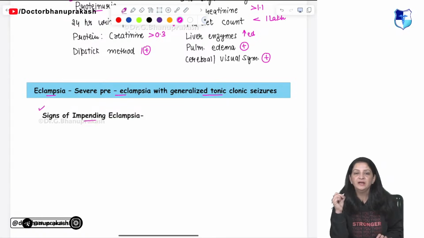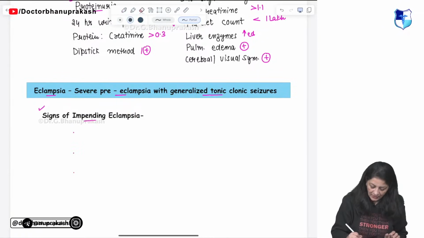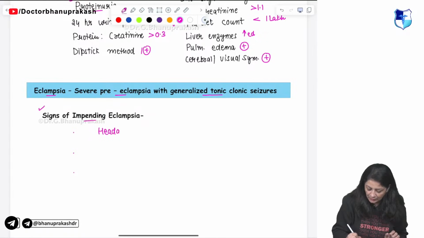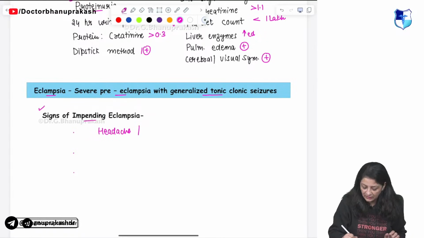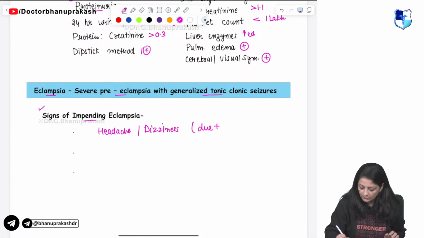Signs of impending eclampsia. So what are the signs of impending eclampsia? Headache. Patient will complain of headache, dizziness, headache due to cerebral edema.